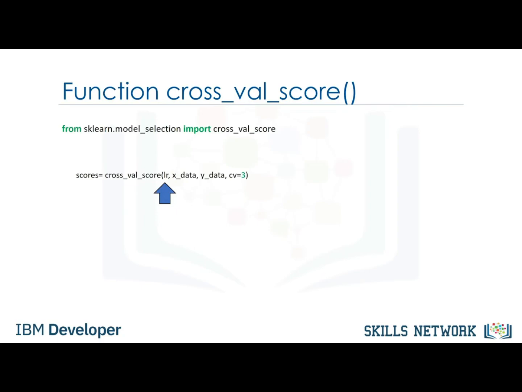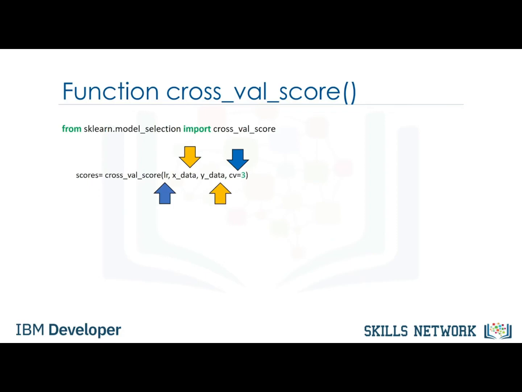In this example, we initialize a linear regression model, or object lr, which we pass to the cross_val_score function. The other parameters are x_data, the predictor variable data, and y_data, the target variable data. We can manage the number of partitions with the cv parameter. Here, cv equals 3, which means the dataset is split into 3 equal partitions.